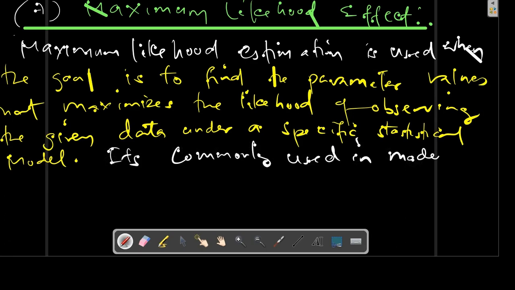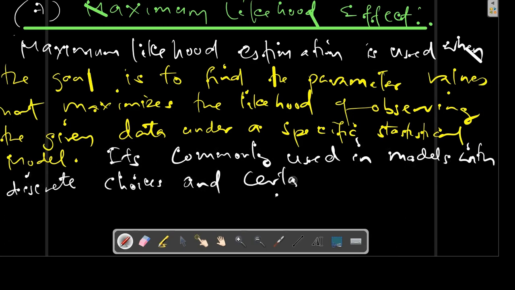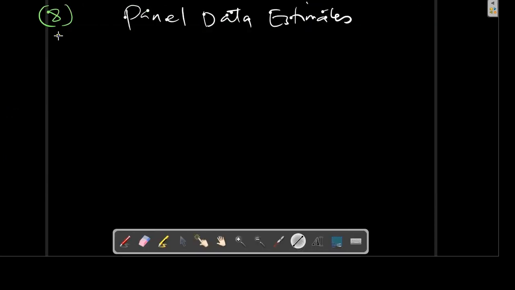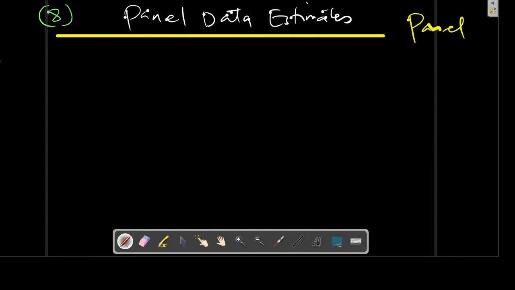So it is commonly used in models with discrete choices and certain distributions. So if the goal is to find the parameter values that maximize the likelihood of observing the given data, we have to apply maximum likelihood estimation.